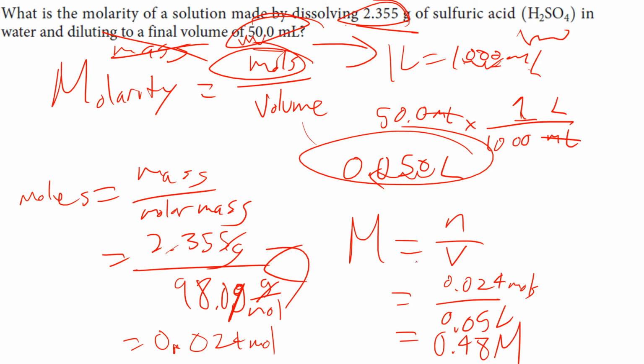Molarity. And we see that even though our moles are really small and our volume is also really small, we still get a concentration that is pretty high. Well, relatively, right?